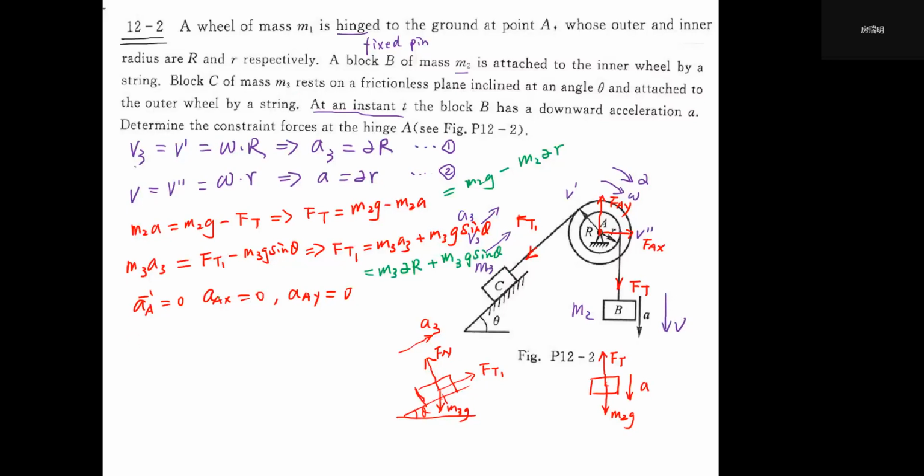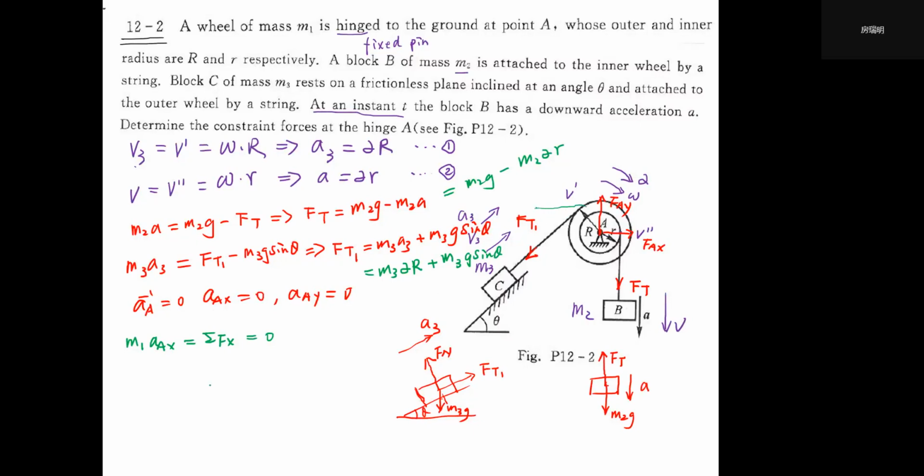Because it has mass m1, m1 aAx, which is 0, will be sigma Fx, right? So we should tackle it carefully, because this is 0, right? We have Ft1 here, so maybe we need a line. This is theta.